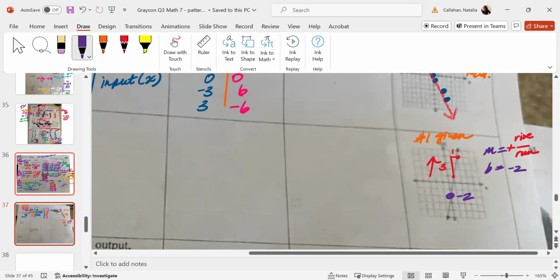Now look over here with what I just did. That's the rise. 1 is the run. Do you understand that? So what are the two numbers? So what's your slope? 3 divided by 1 is 3. So let's get that right, please.